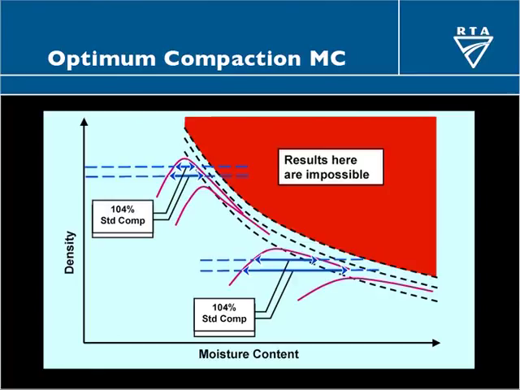So that immediately tells us that we have to be very careful in both determining the moisture content we use for compaction in those types of materials and in making sure that it's very uniform. If it starts to spread out, you won't get uniform compaction and your lot will fail. If we go back to the clay material, the same principles apply even if we're going for a very high compaction standard, but we have a much greater range of moisture contents in which we can achieve it.